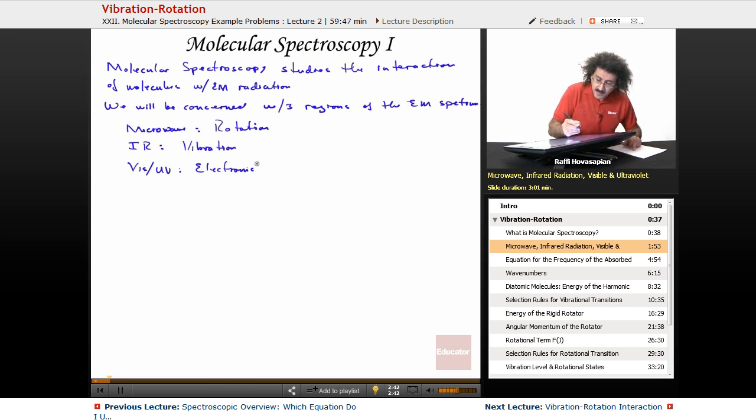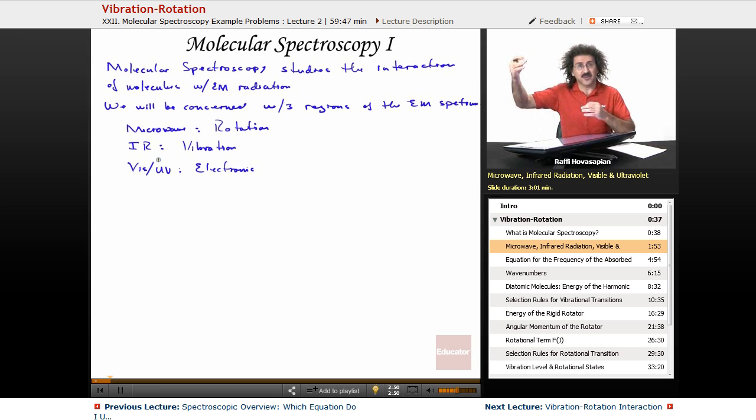In this range, the energy is such that electrons actually move to higher electronic states themselves. Rotation, vibration, electronics. So there's rotational spectroscopy, vibrational spectroscopy, and electronic spectroscopy.